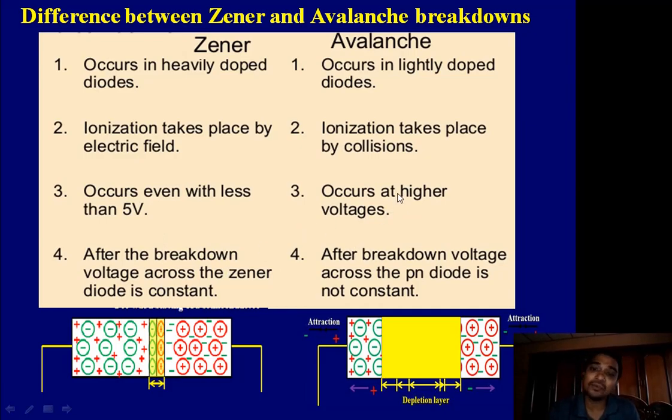It occurs at higher voltages in the avalanche type, because you need so many charge carriers inside the depletion region, which means you need high voltage. After the breakdown in a GNR diode, the voltage is not exactly constant, it increases slightly. So this is about breakdowns in normal and GNR diodes.